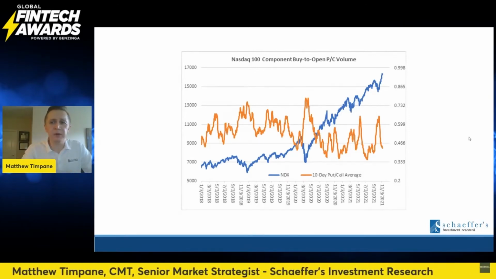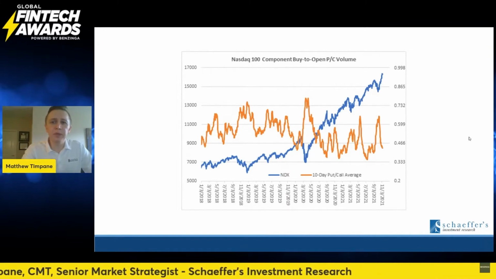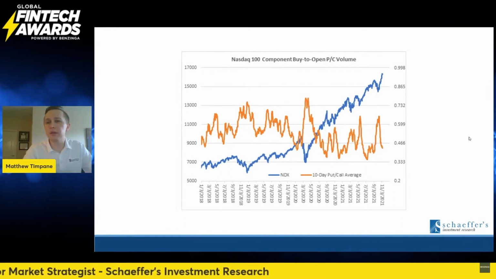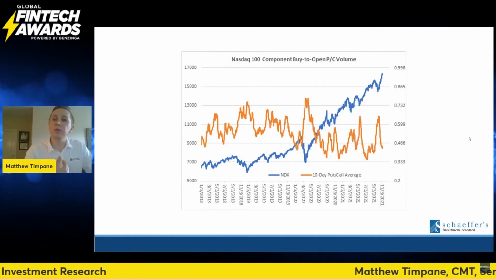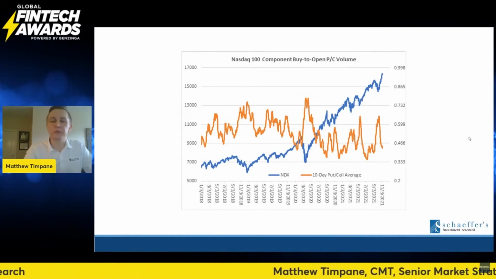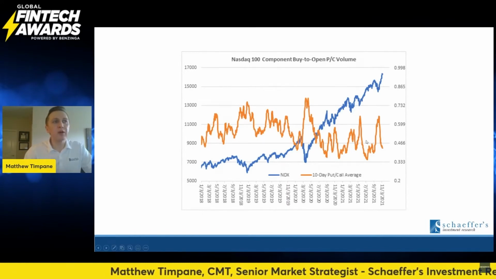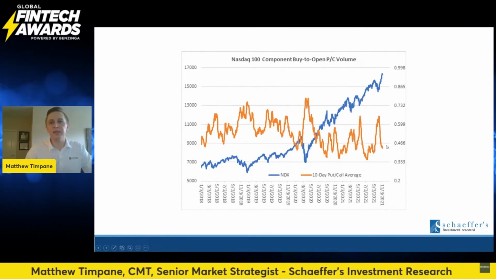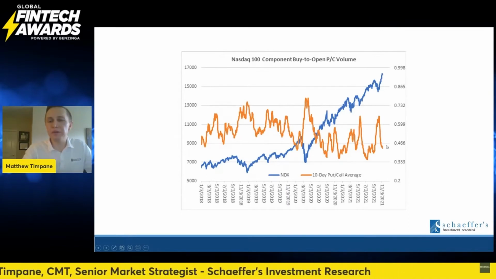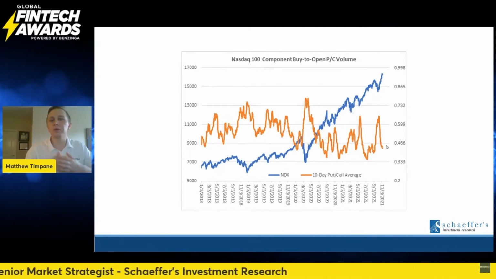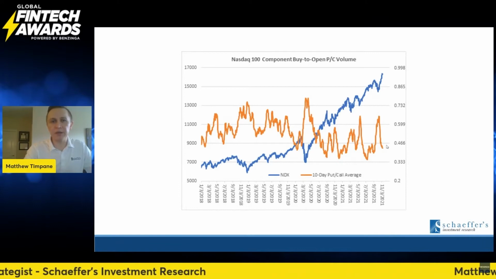They closed yesterday around 0.433. This has been a great indicator of marking short-term tops and bottoms. And what we really look for is inflection points. So yes, we might be starting to round out right now, but we haven't seen an uptick yet. So that's why I haven't looked at it as if we're in a bearish predicament just yet. We could continue to see a melt up here.